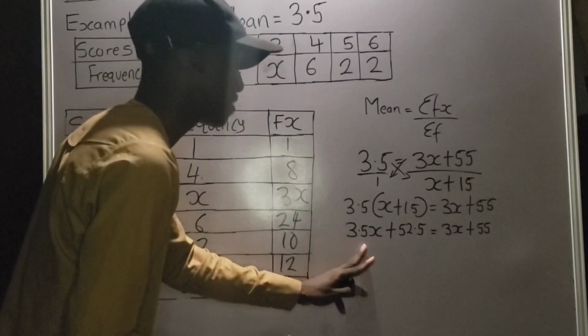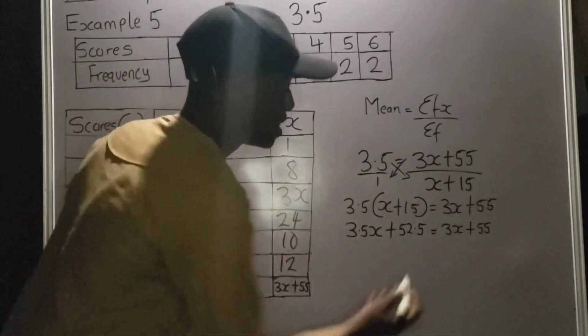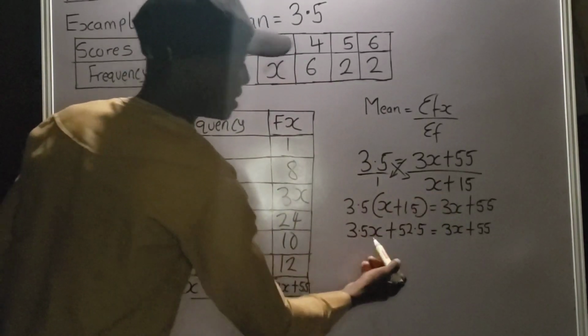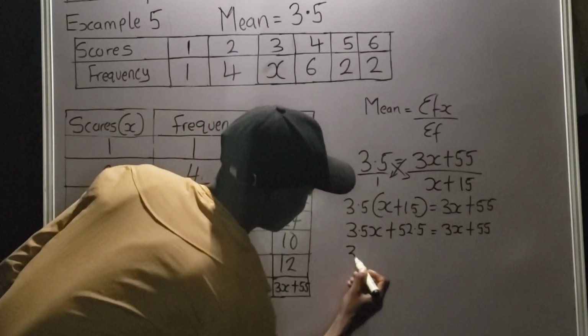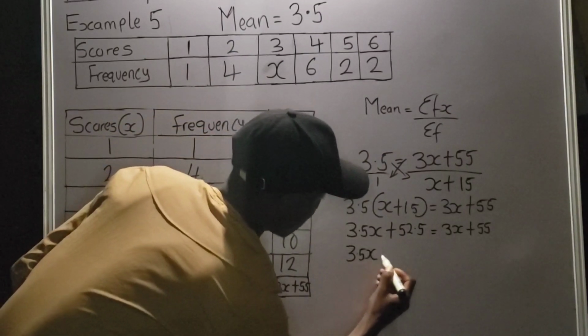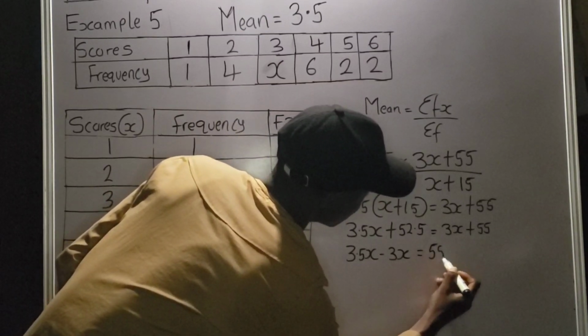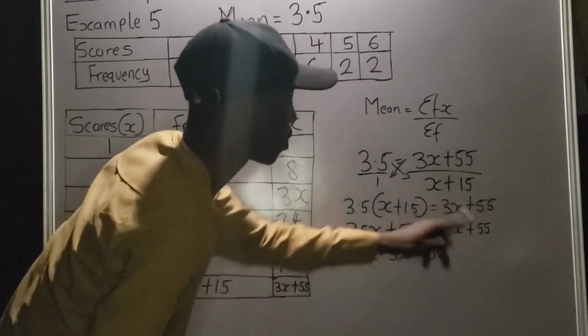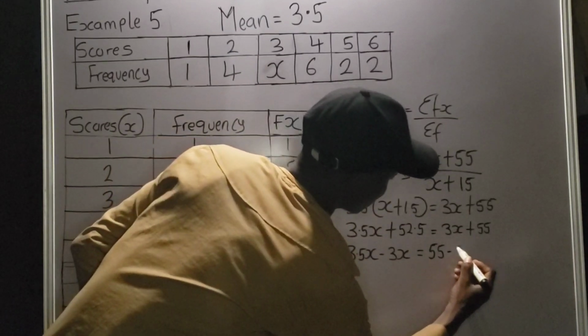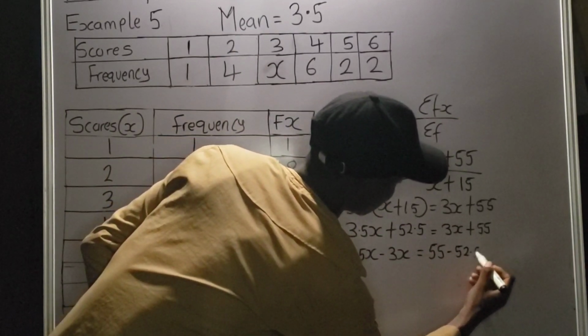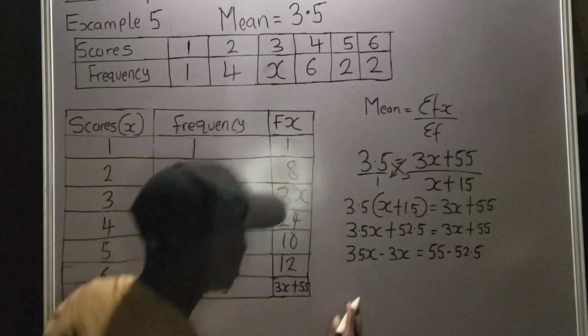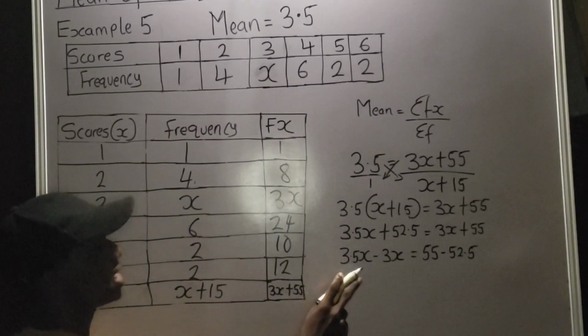So, you know that I have 3.5x here and I have 3x here. If 3x crosses to the other side, I'm going to have 3.5x minus 3x is equal to 55. If 52.5 crosses to the other side, I'm going to have minus 52.5.